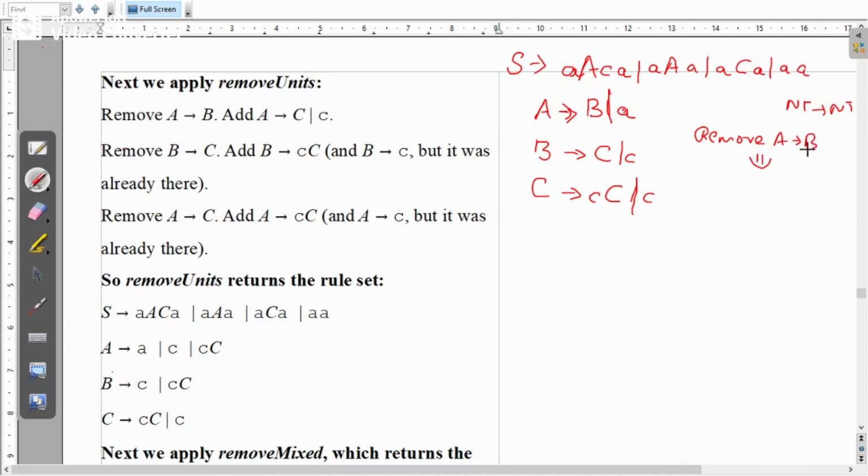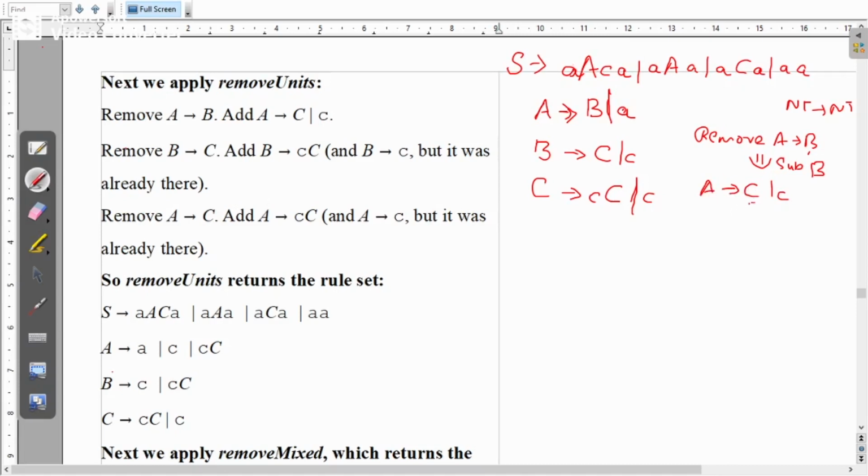So let us apply the B production for this. We are going to substitute the B production. So substituting B, I am going to get A gives C or C. So because of this I am going to get A gives C. This is also not allowed because it is again of the form non-terminal gives non-terminal.